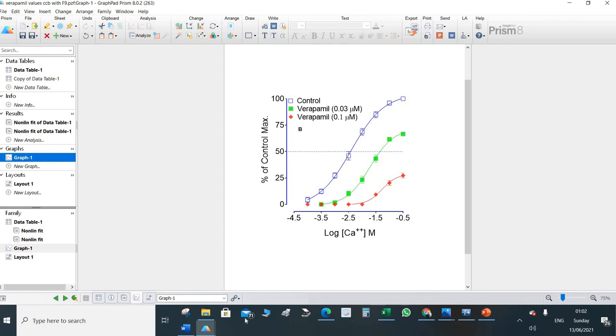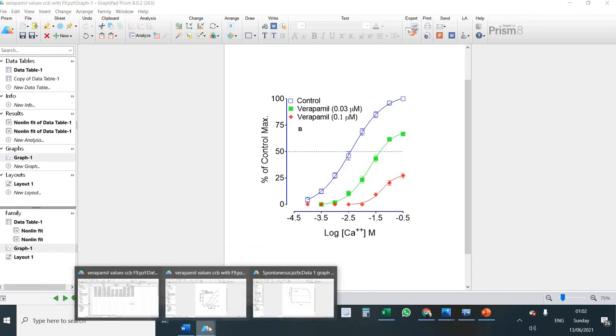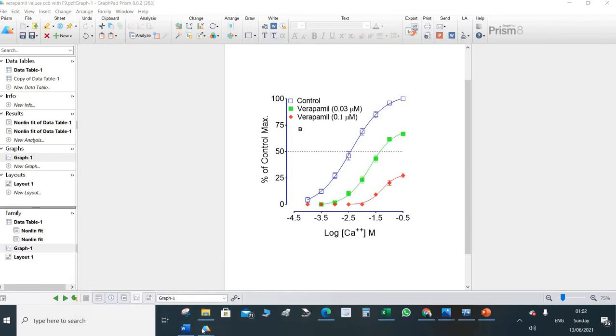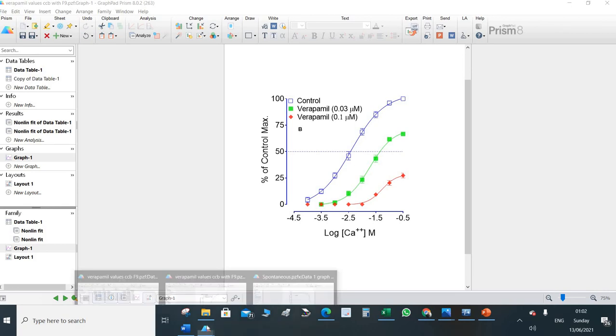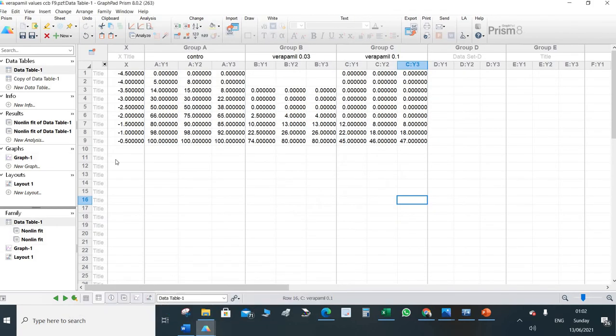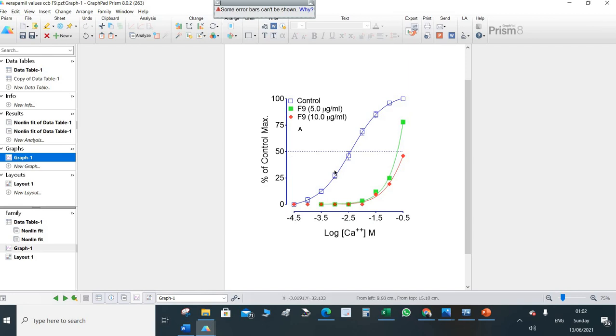So what is important to understand is that at least you should have a plotted table or figure of this, especially in GraphPad Prism, and then you calculate the EC50 values and put all these values in Prism. That can help you.